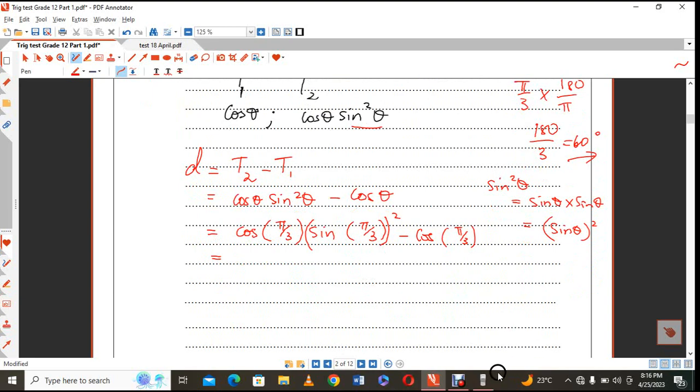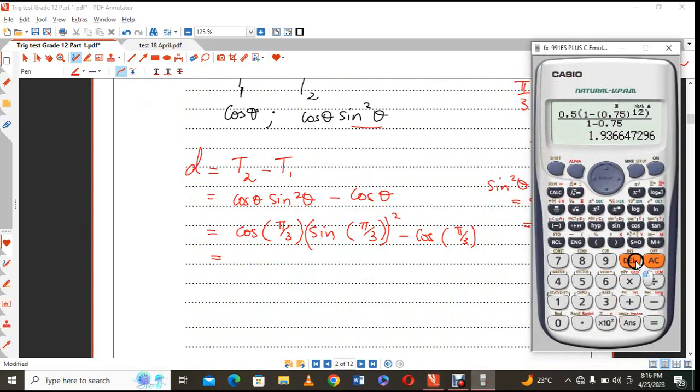So our common difference, grabbing our calculator, just clear that previous display. So we have got cos, and here our angle is pi over 3, and that should be multiplied by, I'm going to say sine, and that is pi over 3.